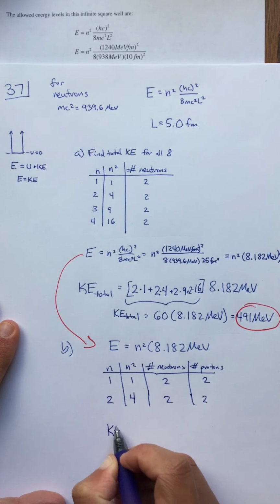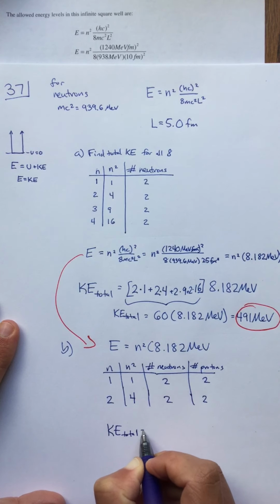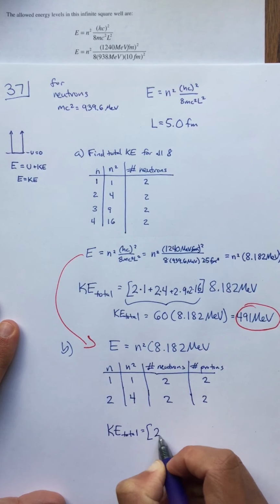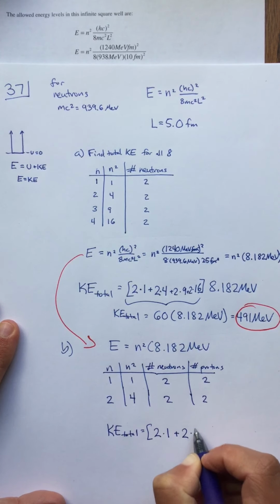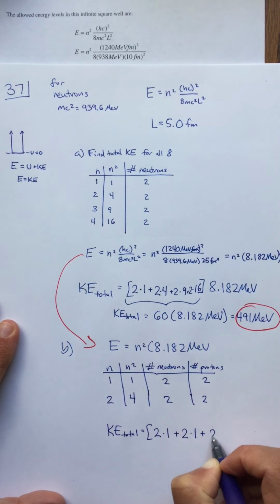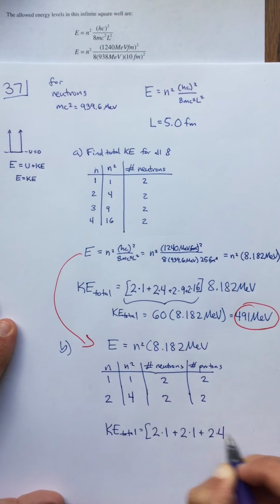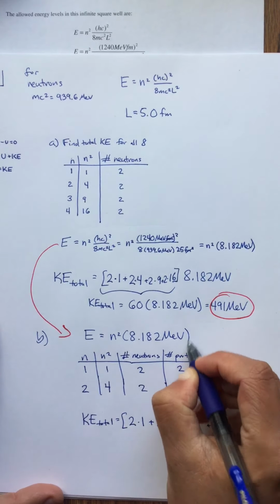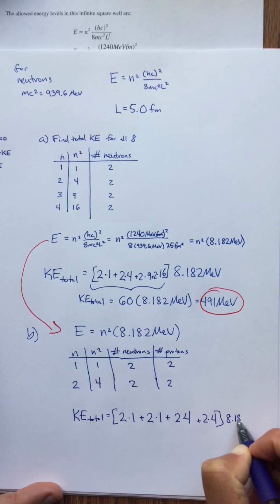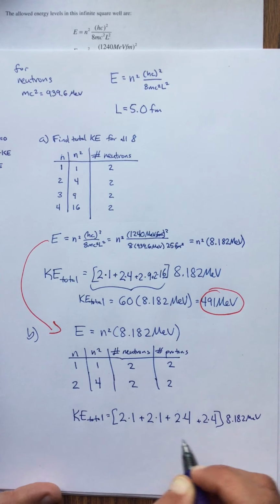And then KE total is, I have 2 neutrons when n squared is equal to 1. I have 2 protons when n squared is equal to 1. I have 2 neutrons when n squared is equal to 4. And I have 2 protons when n squared is equal to 4, and this is all being multiplied by the 8.182 MeV.